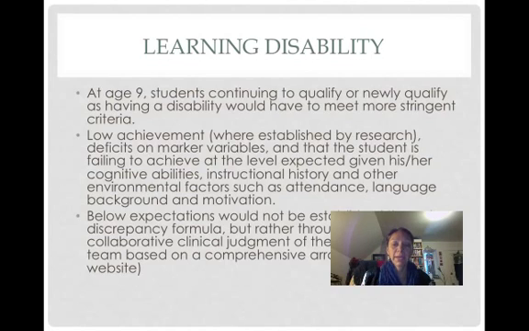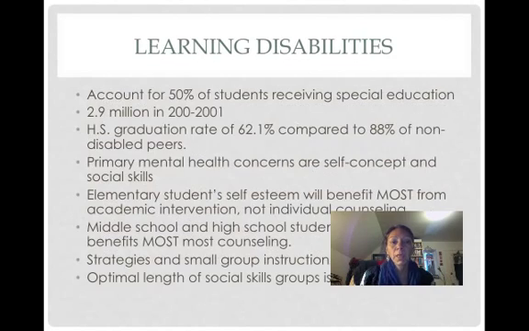So you can no longer use this discrepancy formula. It has to be based on a lot of data, right? And that's why we go through the whole RTI process and different types of interventions with students, to exhaust all the different options that we may have for how to work with them and how to support them in the general ed curriculum. About 50% of students who are in special education qualify under learning disability.